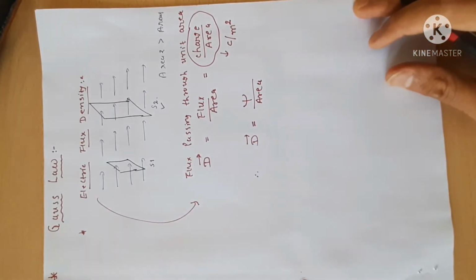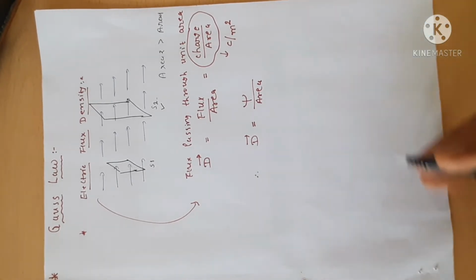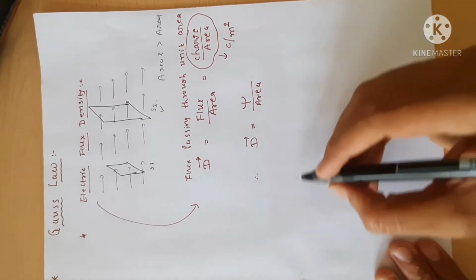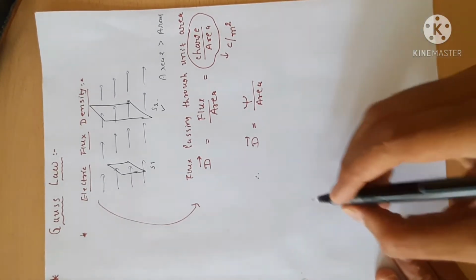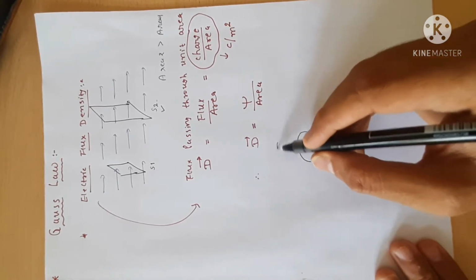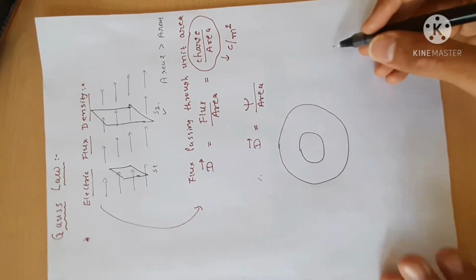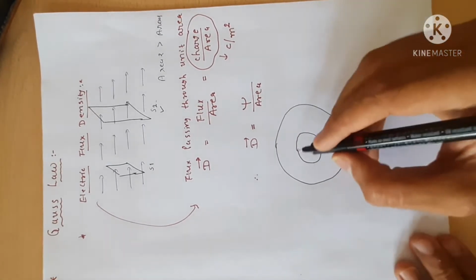Now here we consider one figure. There are two spheres present, one inner sphere and the second an outer sphere. There is some positive charge present in the inner sphere.